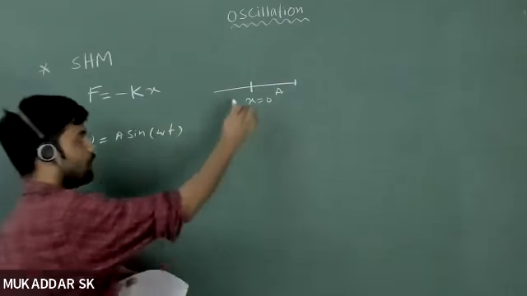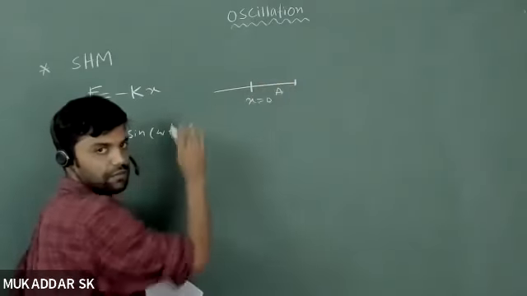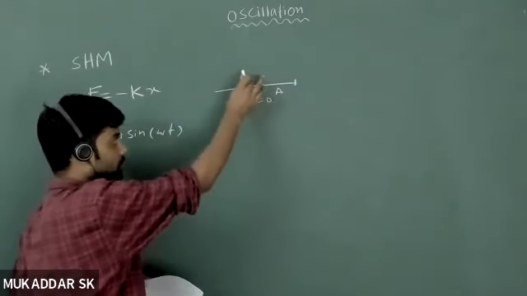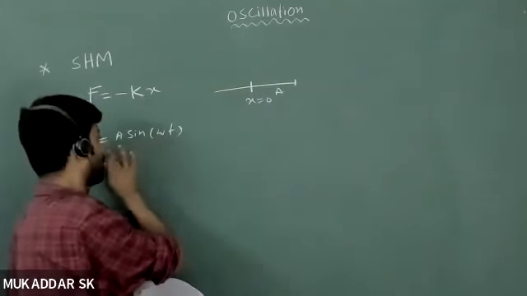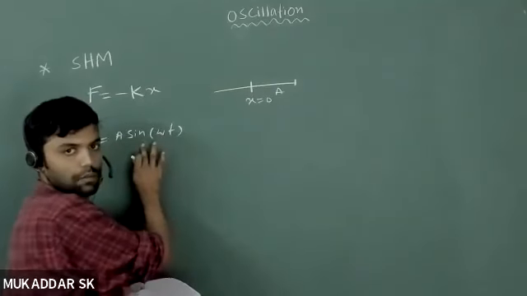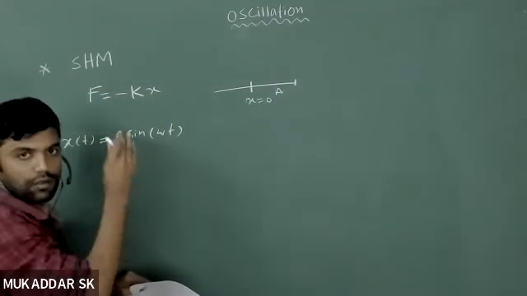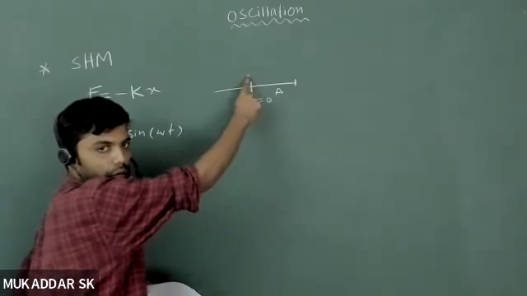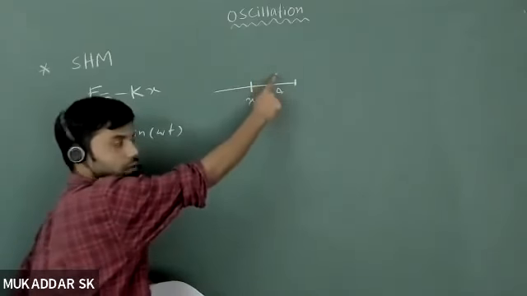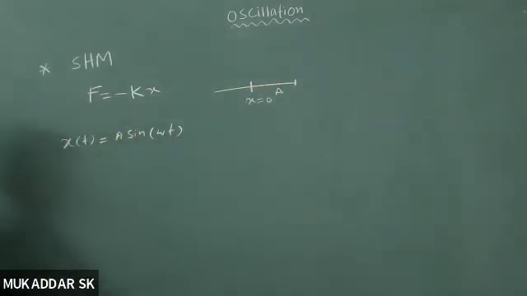If it is displaced towards negative x, it will be minus a sine omega t. But right now I'll deal with this displacement: at t equals 0 it is at the equilibrium position, and when you apply force it displaces towards positive x. So x(t) is like this.